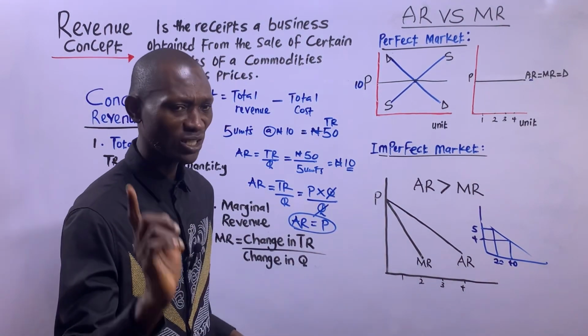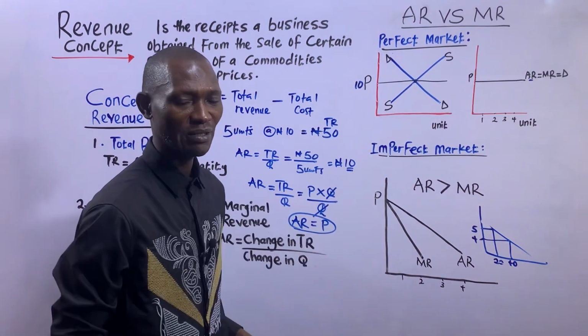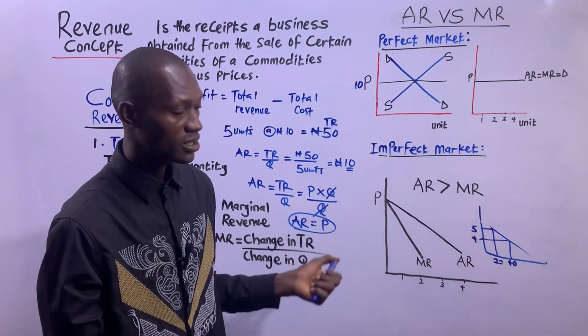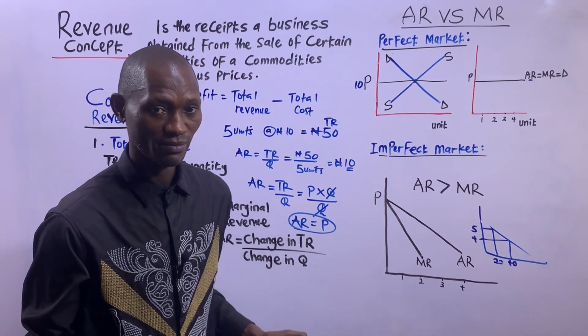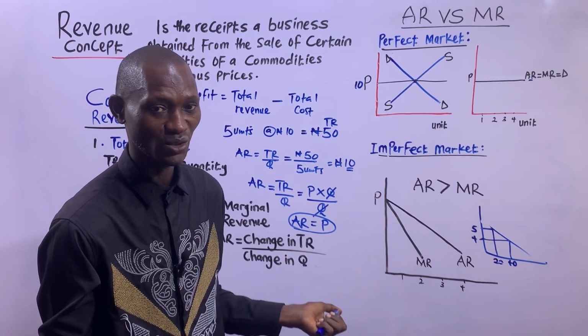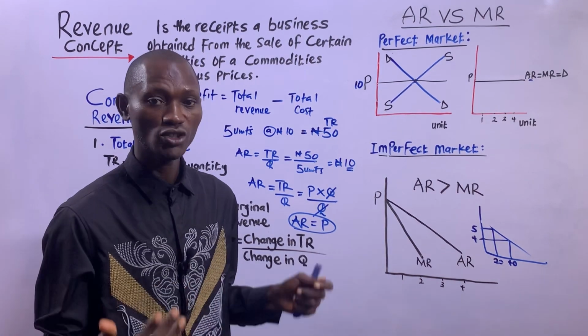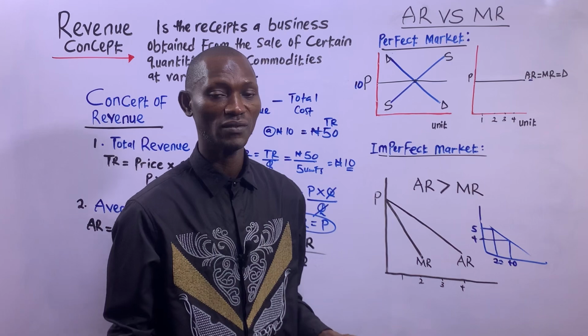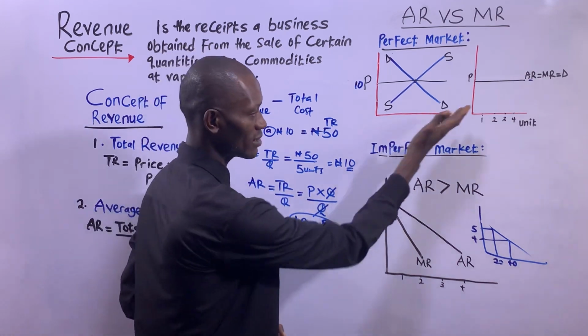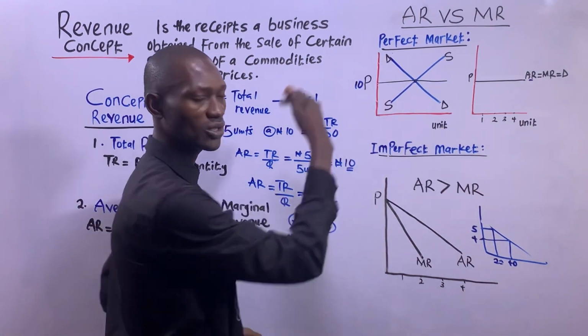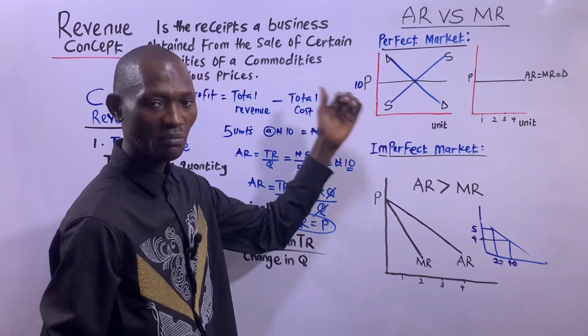So for a firm to increase its total revenue in a perfect market, since each firm is considered a price taker, there is nothing you can do to the price other than increase the level of your productivity and sell more. That's how you can increase your total revenue with respect to a firm that operates in a perfect market.